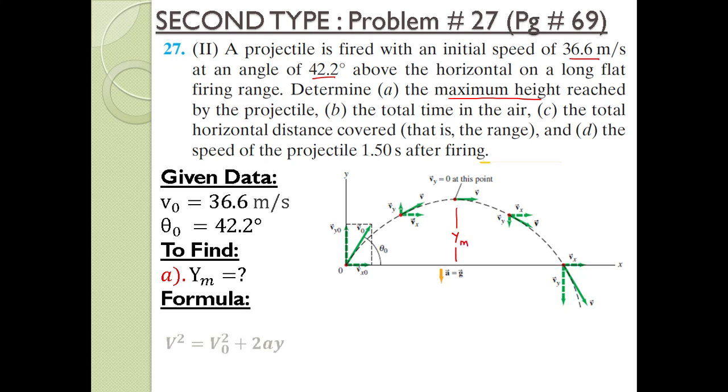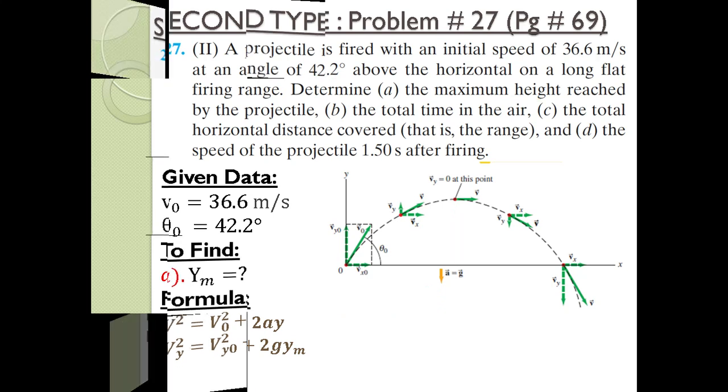So then we will use the third equation which I wrote. I just rearrange the third equation: 2gy is equal to v squared minus vy naught squared, rearranged from vy squared equals vy naught squared plus 2gy.